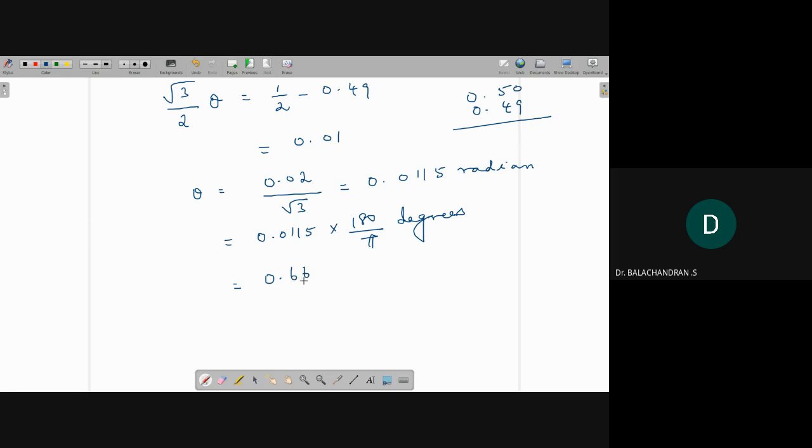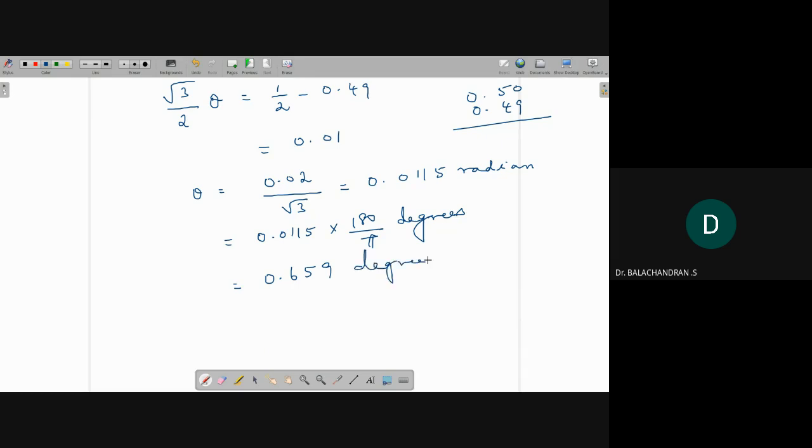What is your answer? 0.0115 into 180 equals 2.07, and then divide by pi. I got 0.659 in degrees.